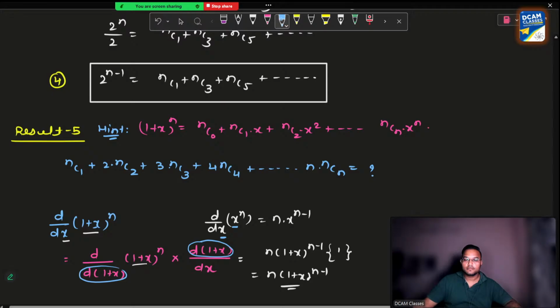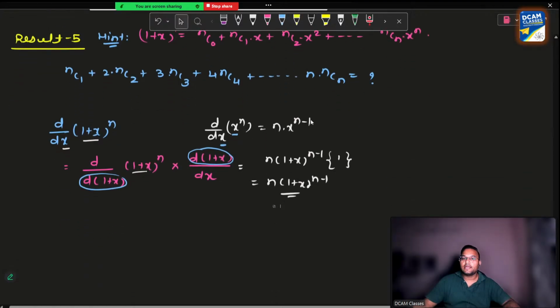No, sir, I thought of doing it for the right hand side. So the left hand part of differentiation gives n into (1 plus x) whole power n minus 1.